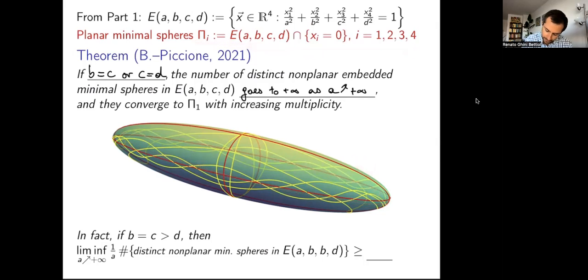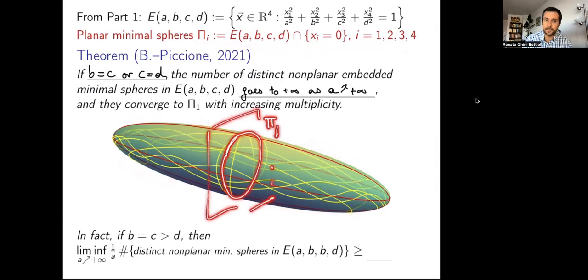Okay, not only that, these bifurcating solutions, which are represented here by these yellow curves, they slowly make their way to the middle. And all of these points kind of come together and converge to a multiple of this minimal sphere, which in that notation would be pi 1, the shortest one, the smallest one of them, so the one obtained by setting x1 equal to 0.